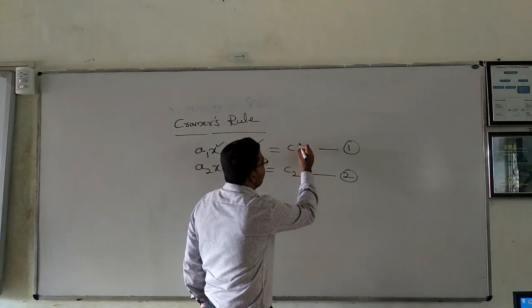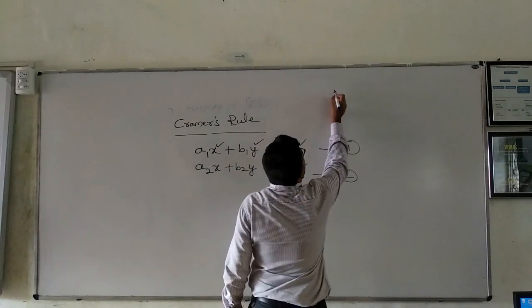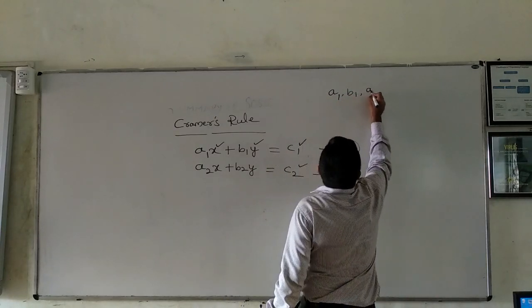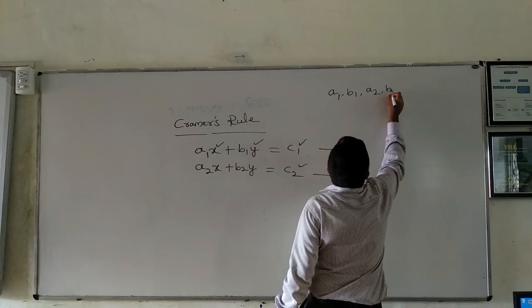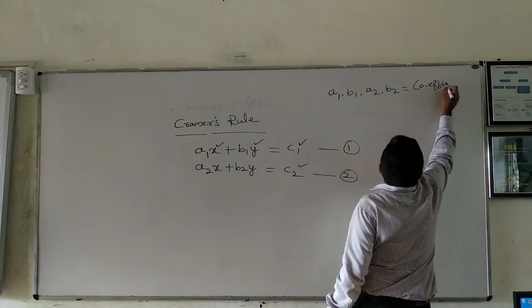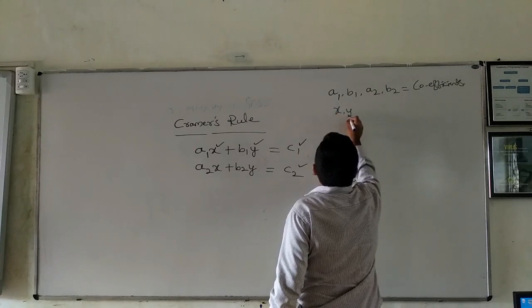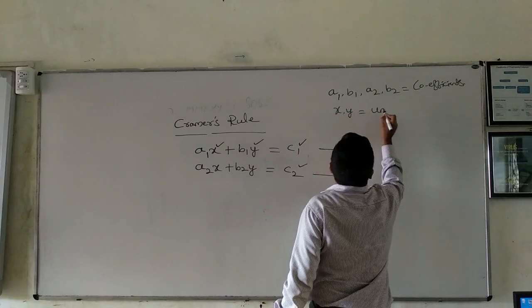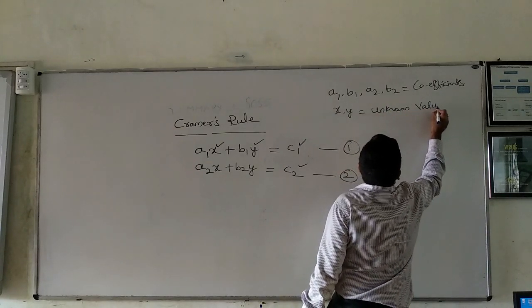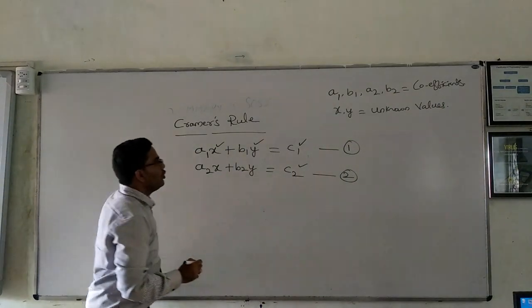Then c1 and c2 are the constants. x and y are unknown values. So our job is to find out the unknown values.